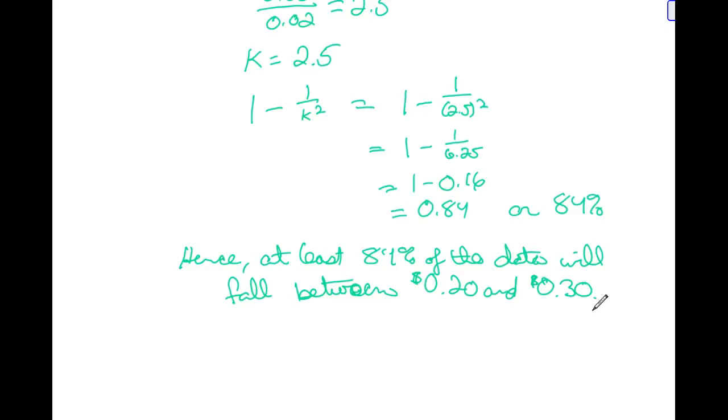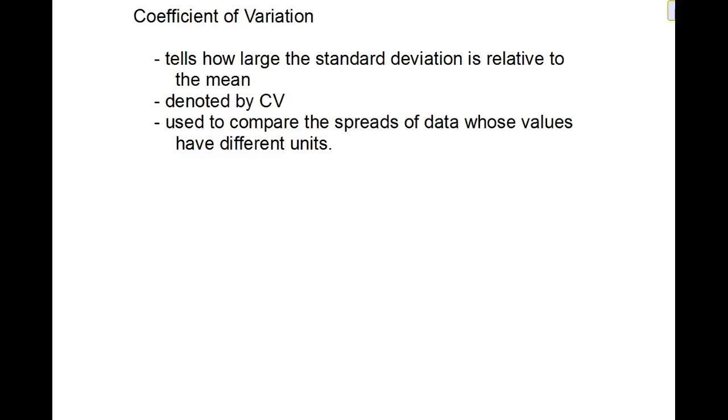So far, what we've been looking at are things that have the same units. Well, what if we want to compare things that are not the same units? In that case, we use the coefficient of variation. This tells how large the standard deviation is relative to the mean.